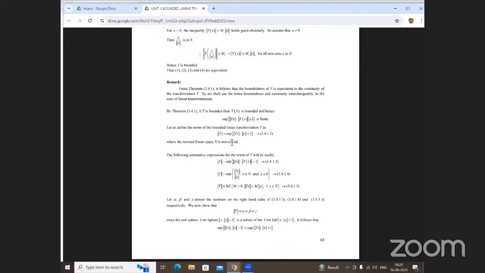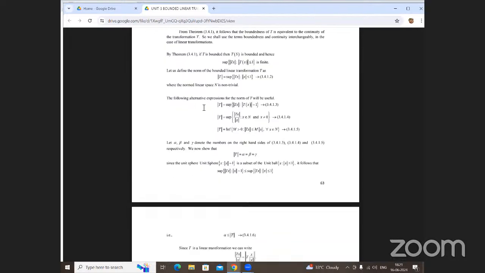Because this is the finite part, that value is less than or equal to 1. So for a normed linear space N, a non-trivial one, the condition is norm T equals the supremum of norm Tx, where norm x is less than or equal to 1.